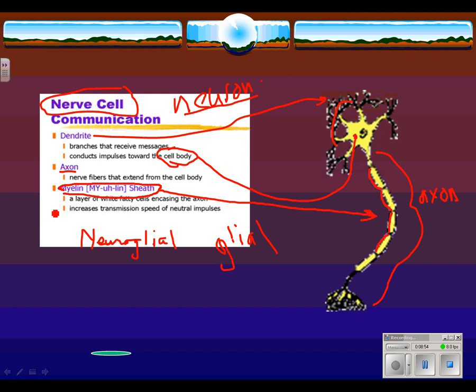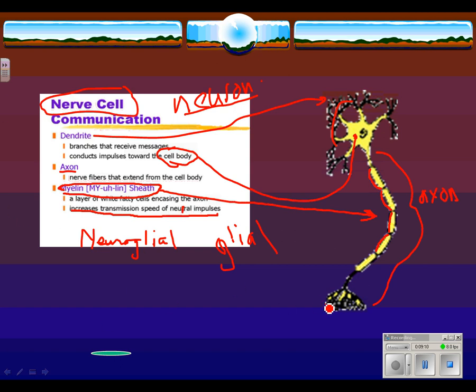Myelin's job is to increase the transmission speed of neural impulses. Increase transmission speed of nerves. That's the job of myelin.